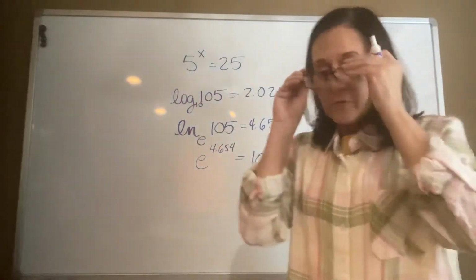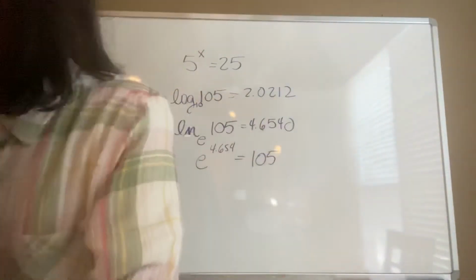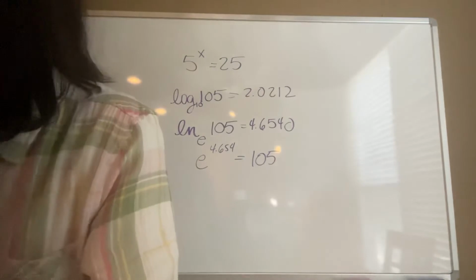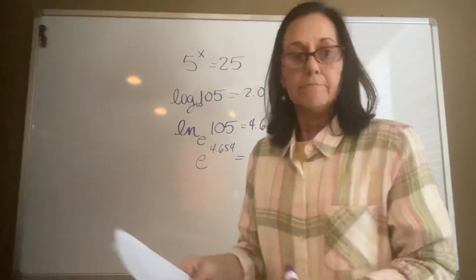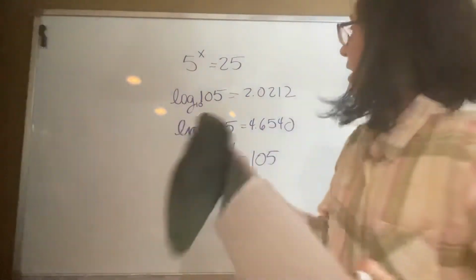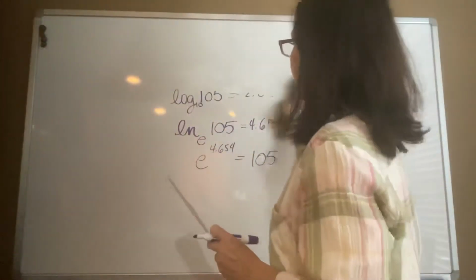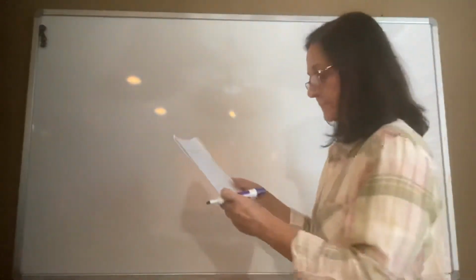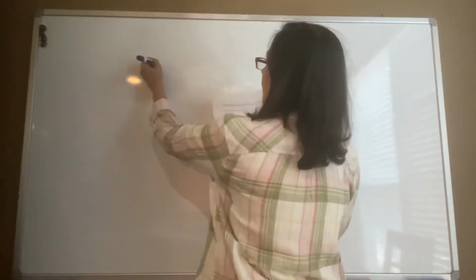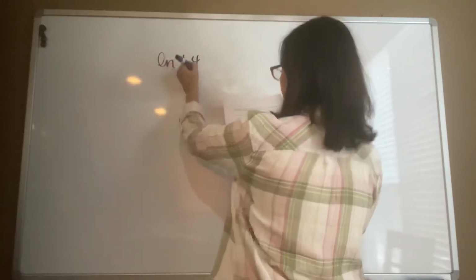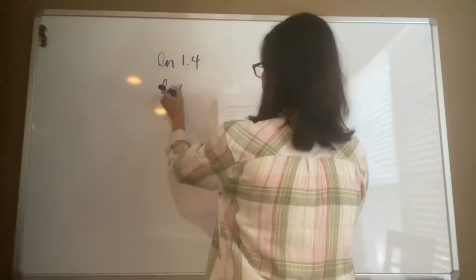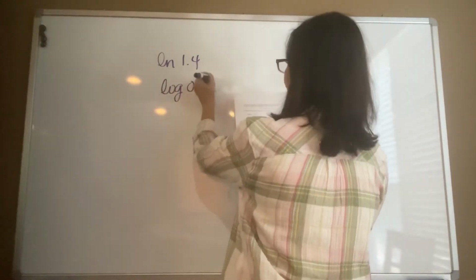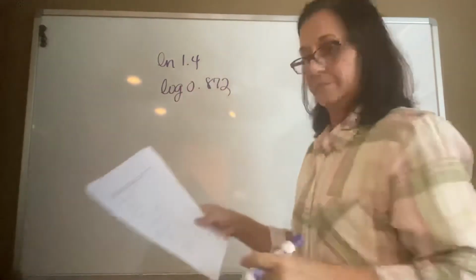So I want to walk through the practice problems. Actually, I'm going to first walk through some other problems, and then we'll work through the practice problems in the textbook, okay? All right, so what is the ln of 1.4? And then let's just do the log of 0.872.